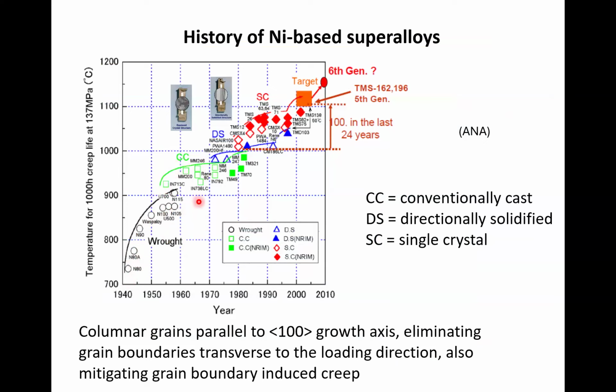As you've got different alloys and as you treat them better, so this is wrought. Now you've got conventionally cast, so you've brought down the grain boundaries, then directionally solidified, you've brought them down even more. Then single crystals, you've got no grain boundaries, and because the grain boundaries slide against each other under stress at high temperatures, if you reduce them and get rid of them, you get better properties.